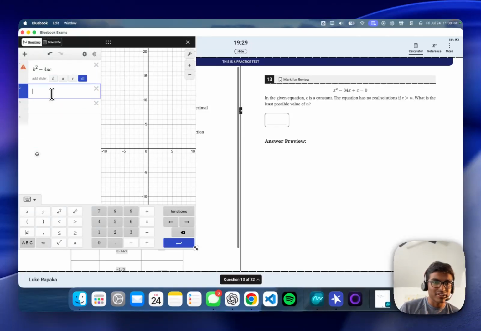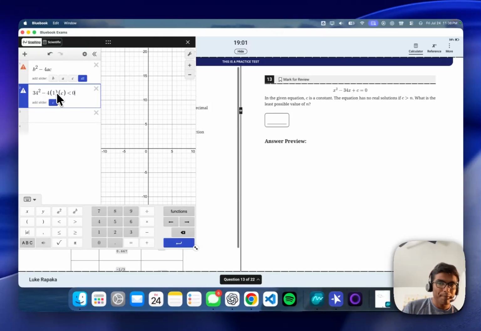So I know b squared is 34 squared. Well, negative 34 squared, but same thing because you're squaring a negative number. And then minus 4 times 1a times c, right? This has to be less than 0 because there's no solutions, right?